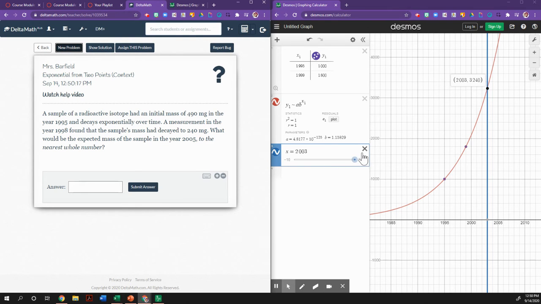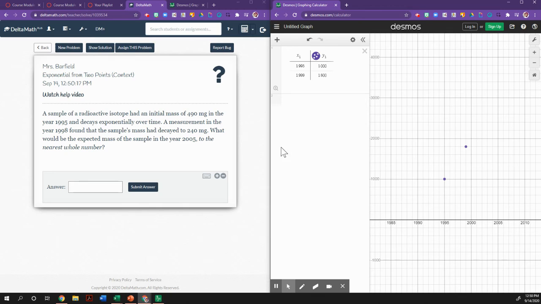A sample of radioactive isotope had an initial mass of 490 milligrams in the year 1995 and decays exponentially over time. A measurement in the year 1998 found that the sample's mass had decayed to 240 milligrams.